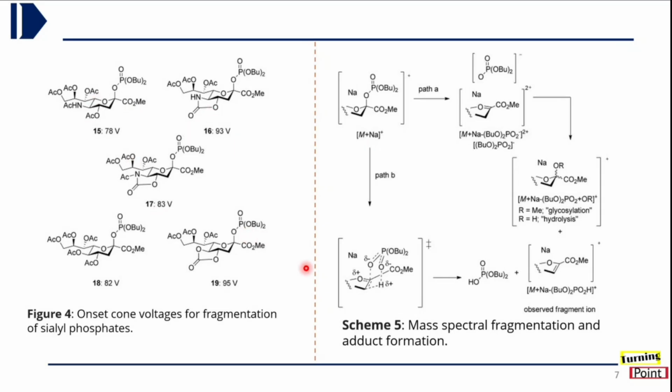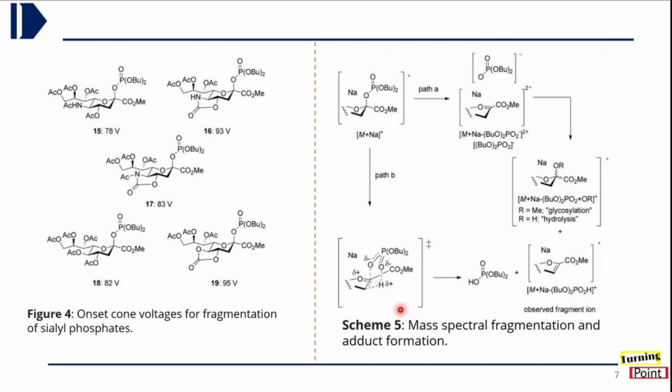So the pathways involved in the fragmentation could be, in this case, they are observing this carbocation intermediate with sodium and then this anion forming a phosphate anion intermediate. So these two they are observing.